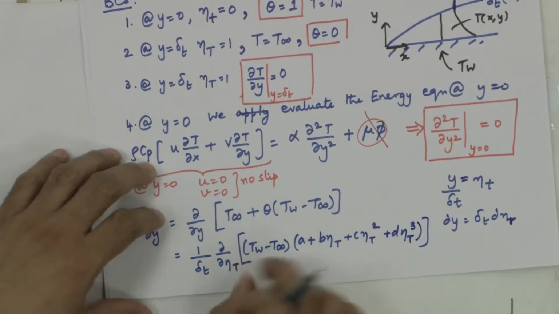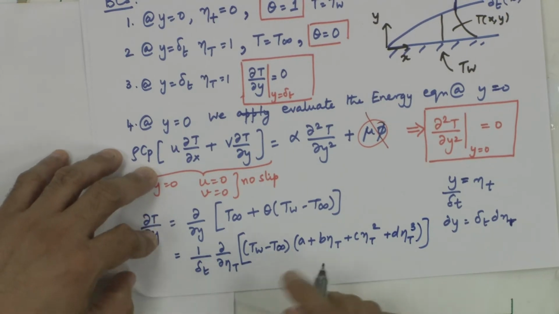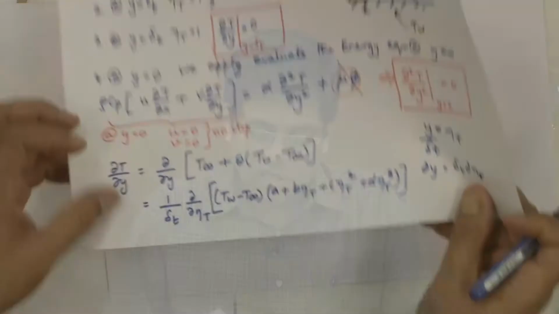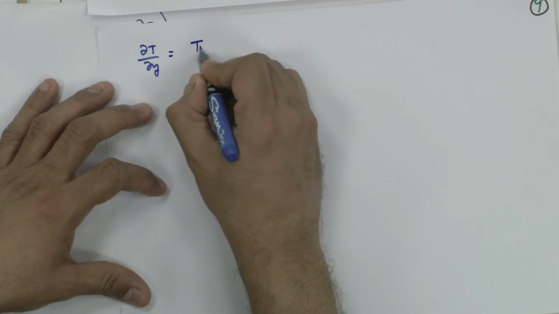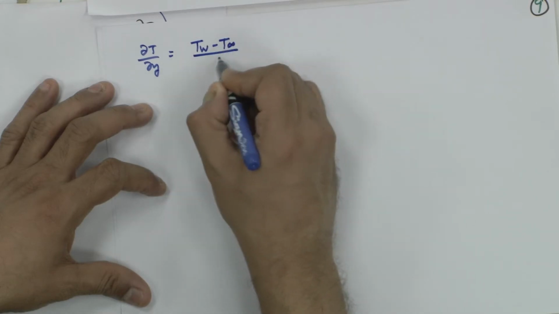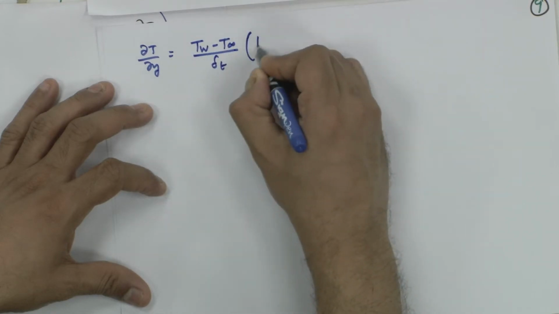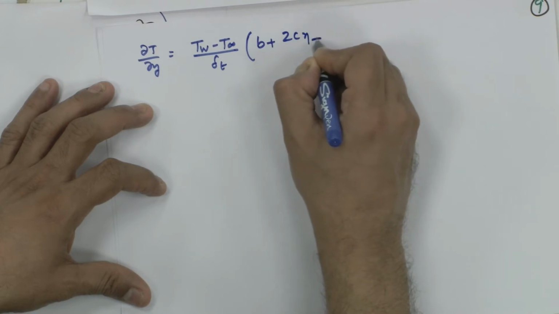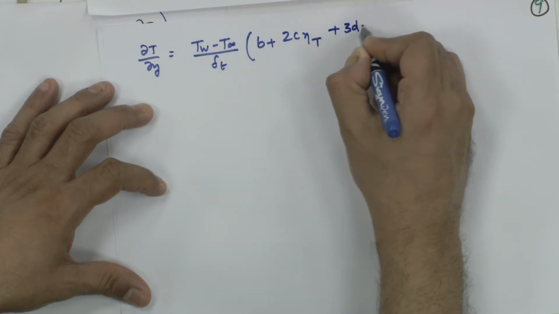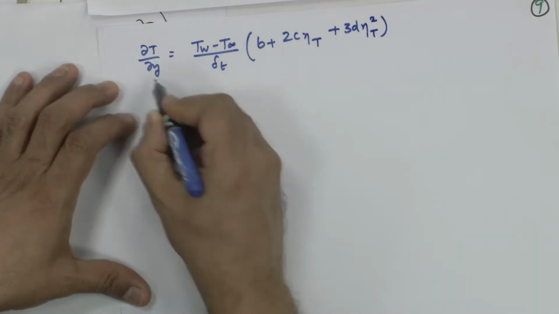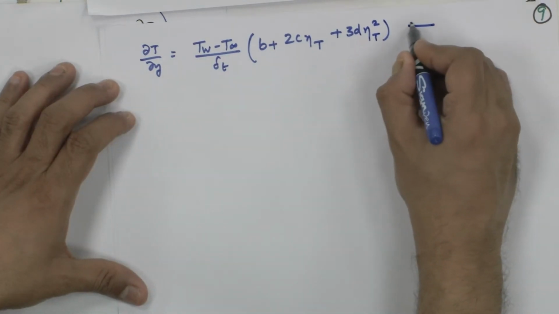T wall minus T infinity will come out, and therefore I would get the derivative: dT by dy is equal to (T wall minus T infinity) by delta t, and within brackets b plus 2c eta t plus 3d eta t squared. This is my expression.